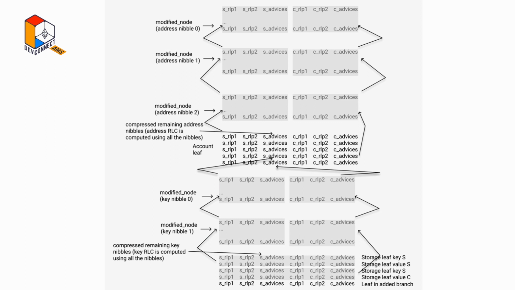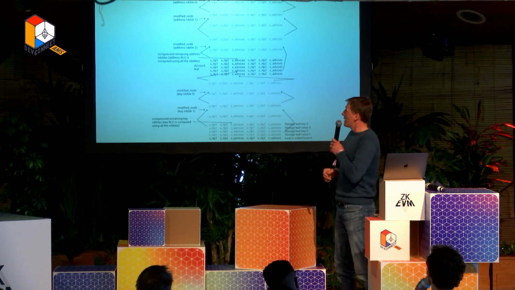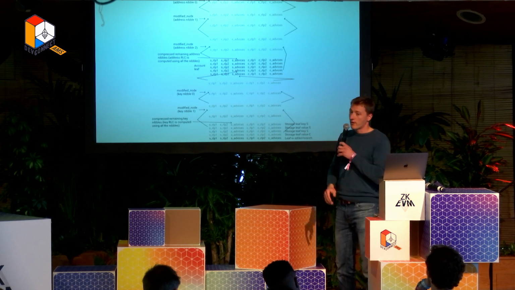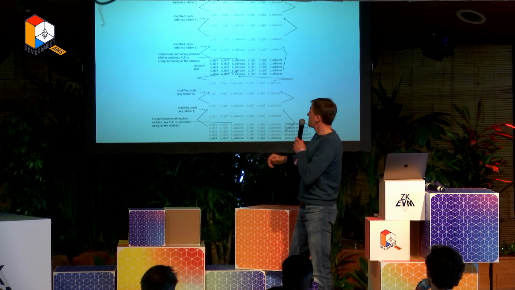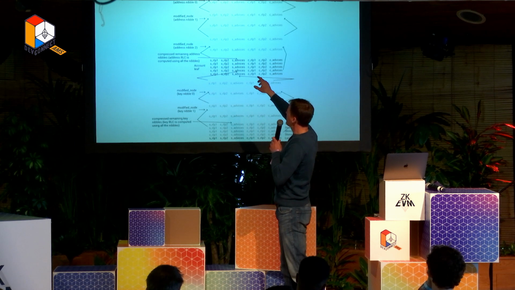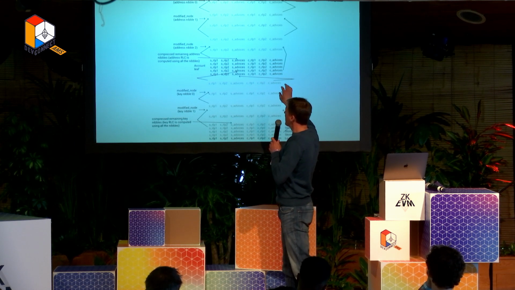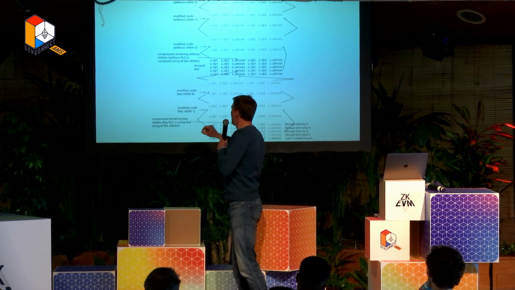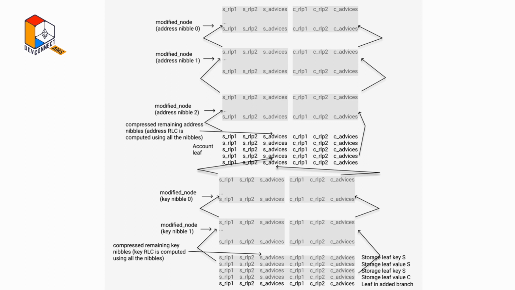So this is a proof of one storage modification at some particular key, and this key is the same for both of these two parallel proofs, and the circuit makes sure that both proofs are the same in most of the rows, except at the rows which are given by these nibbles. There is an additional column called modified node. That means the position of the child in this branch, and so these two proofs differ at these rows.